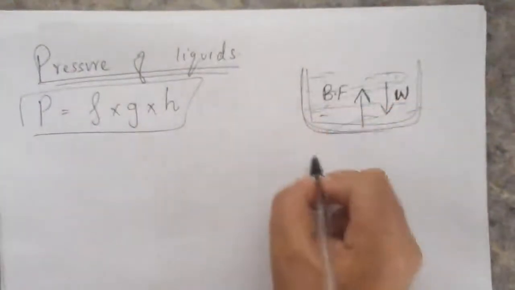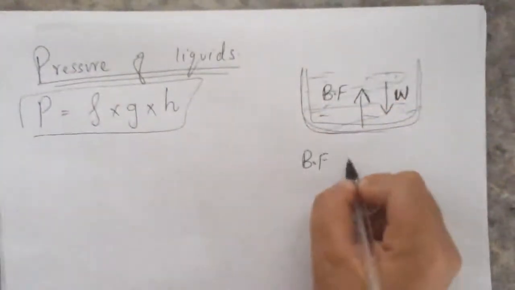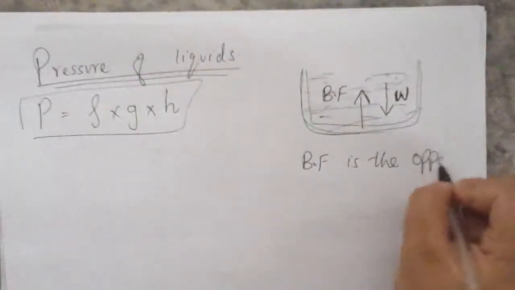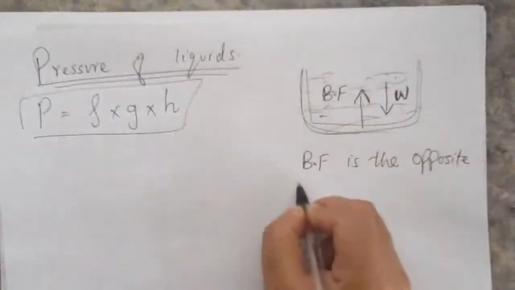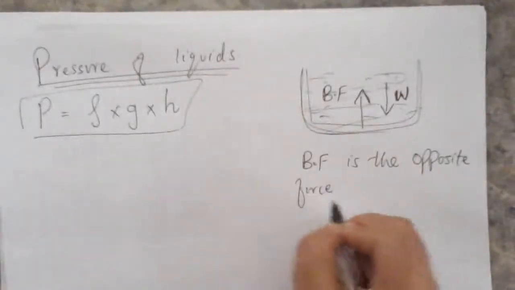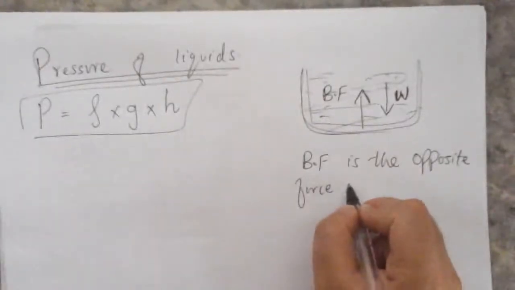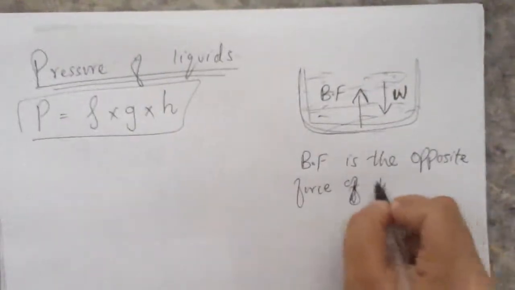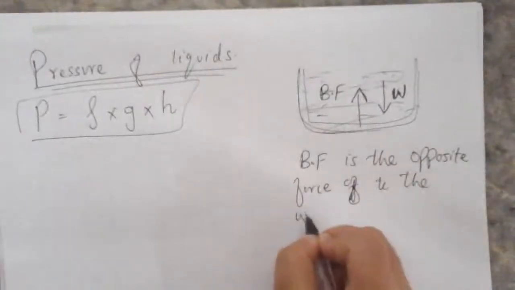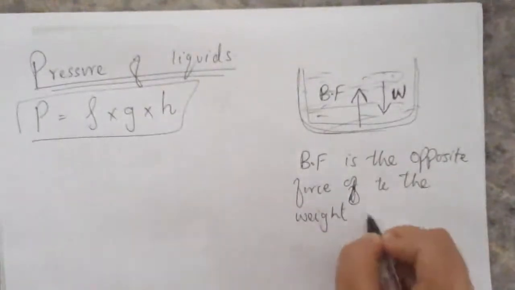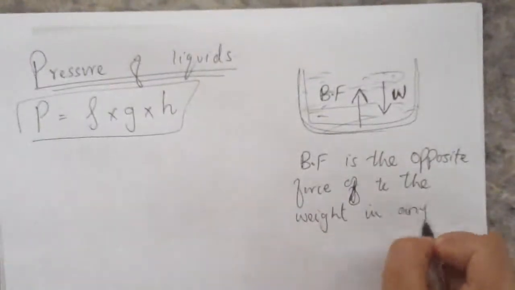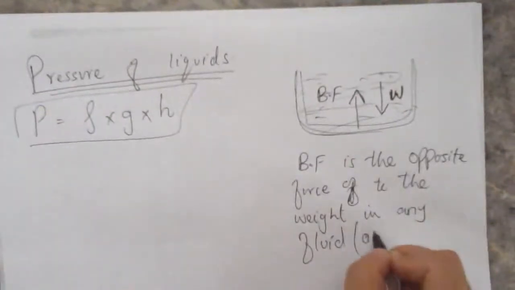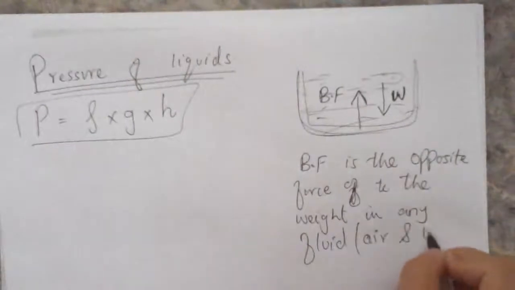What is buoyant force? Buoyant force is the force opposite to the weight in any fluid. By fluid we mean air and liquids.